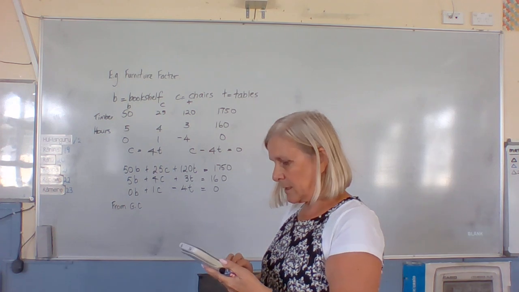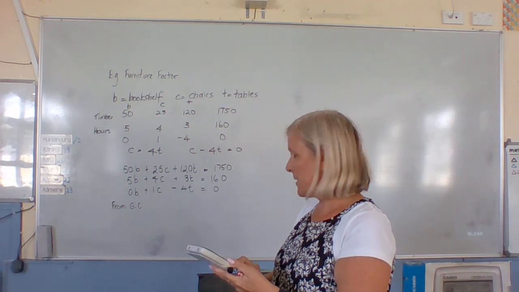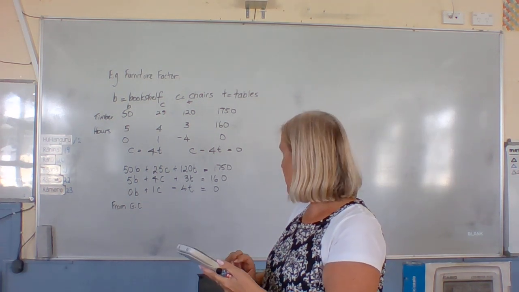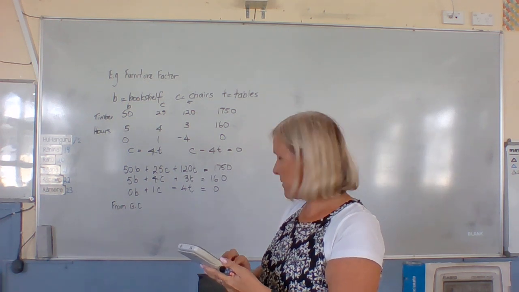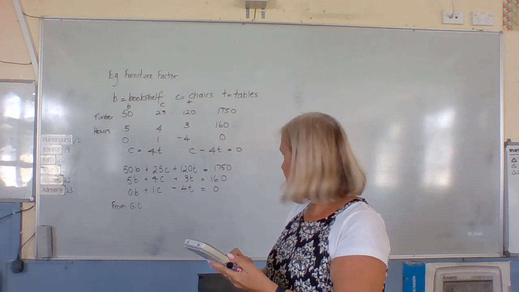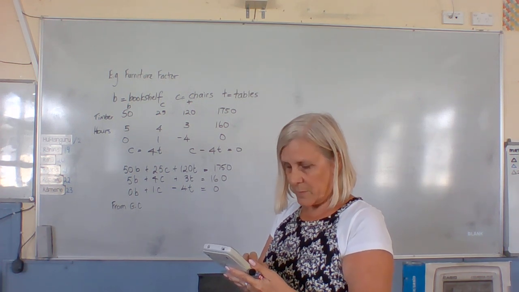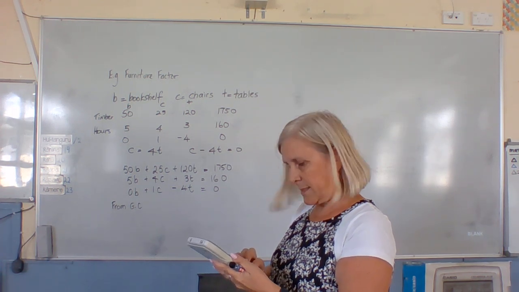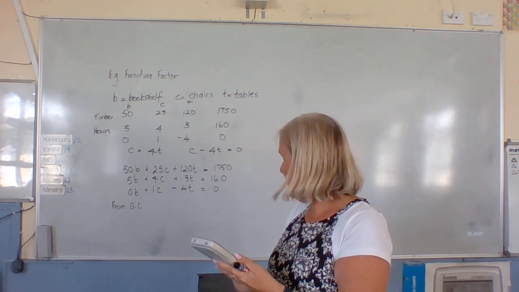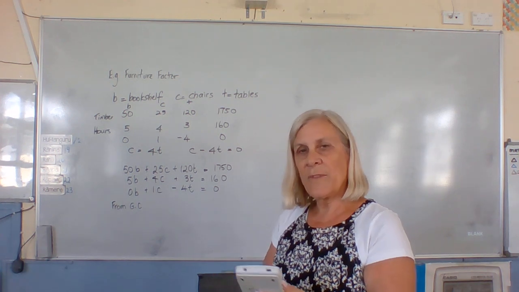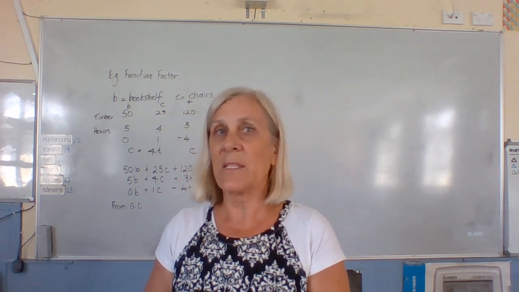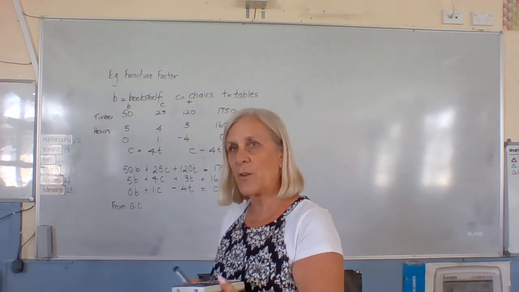So 50, 25, 120, 1750, 5, 4, 3, 160, 0, 1, negative 4, 0. Solve it. We get a nice whole number answer, so we hope that therefore we have put it in correctly.